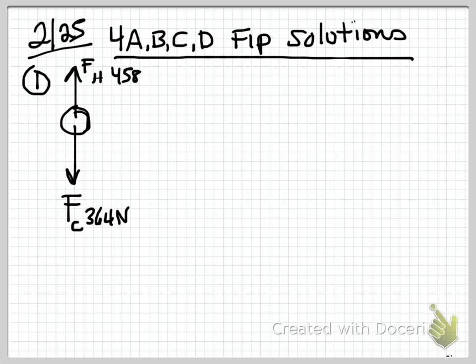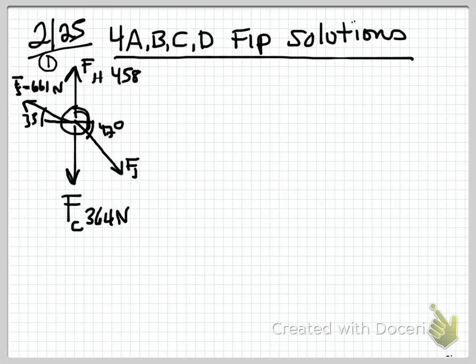We are told that we have a force at 35 north of west, which is the force of Shannon, which is 661 newtons, and we are told that we have a force that's at 47 south of east, which is force of Josh, which is 917 newtons.